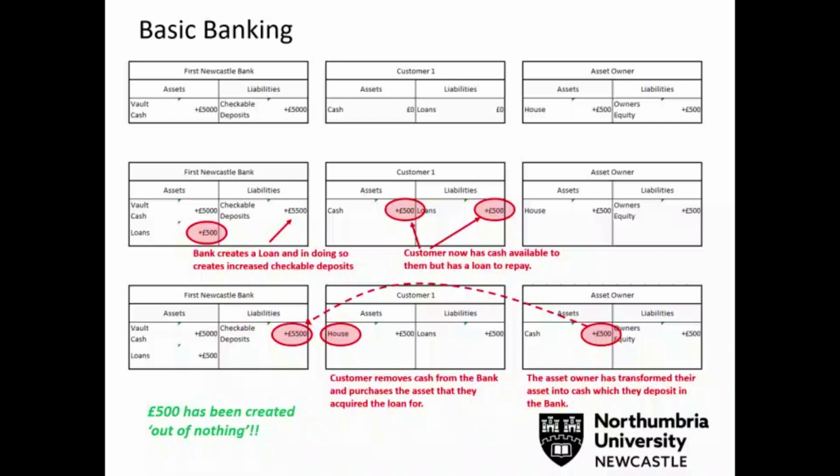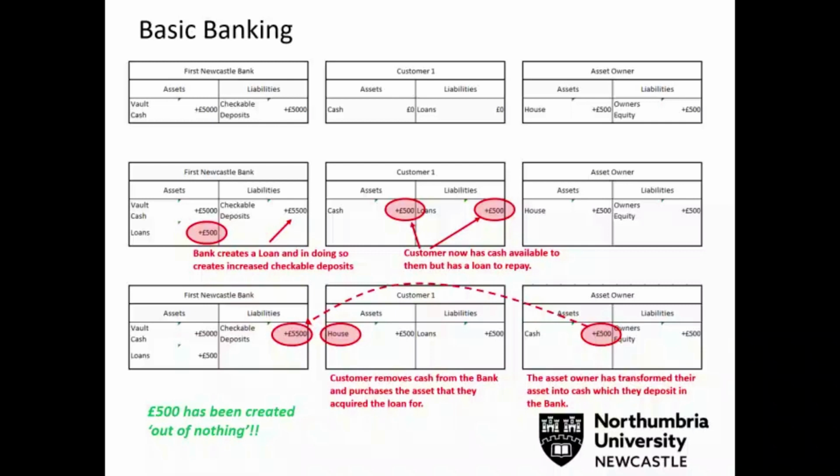You don't sit on large sums of money like that. So ultimately, we've transformed a property of £500 into cash and loans of £500. So from a bank's balance sheet point of view, the bank's balance sheet has gone up from 5,000 to 5,500. So do take some time to understand this process.